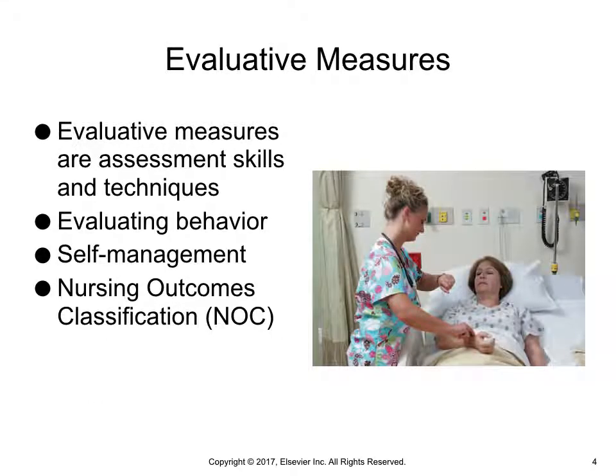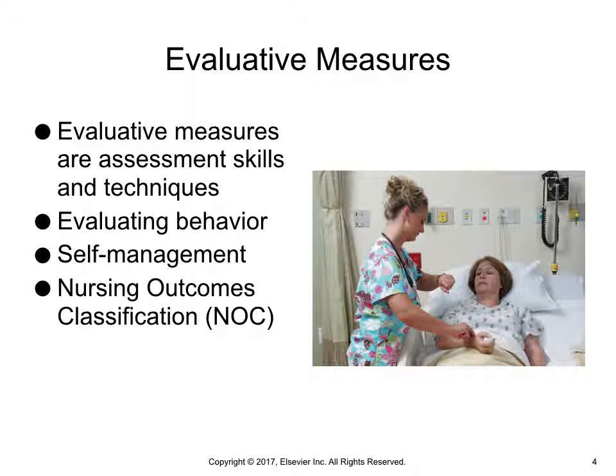During planning, a valuable resource for selecting outcomes is the Nursing Outcomes Classification, or NOC. The purpose of NOC includes the following: 1. To identify, label, validate, and classify nurse-sensitive patient outcomes. 2. To field test and validate the classification. And 3.